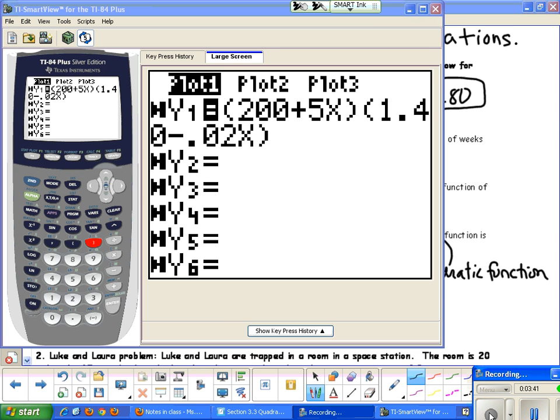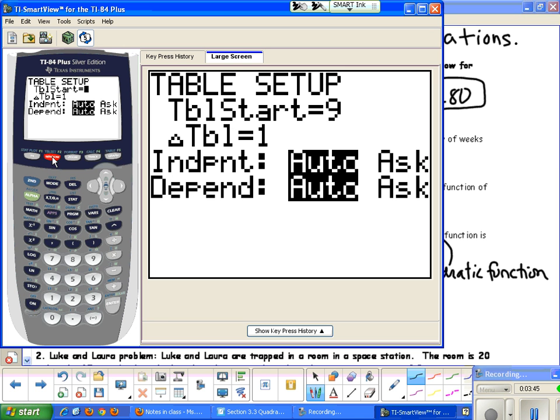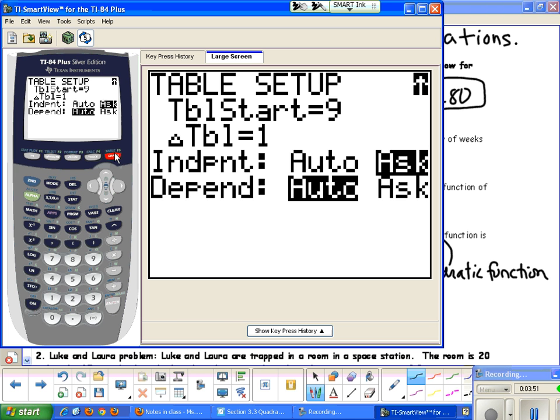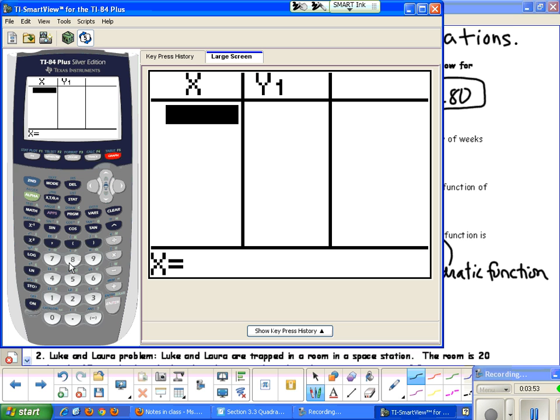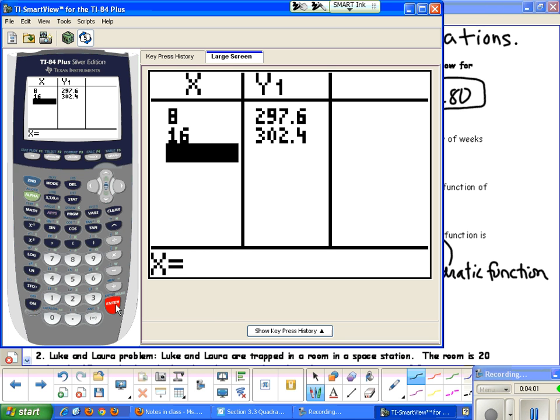After you have the equation plugged in, I'm going to go to 2nd Window and change my table setup to Ask, so that when I go to the table, I can just ask for the values that we need. So I'm going to plug in 8, and then 16, and 24. You could also just plug it into your equation, that would be fine too.